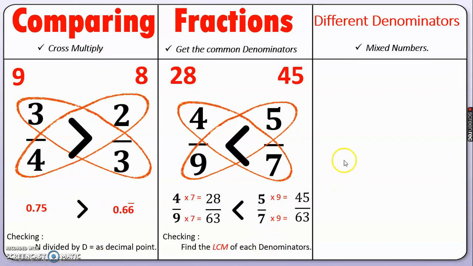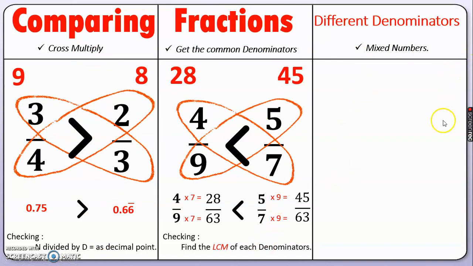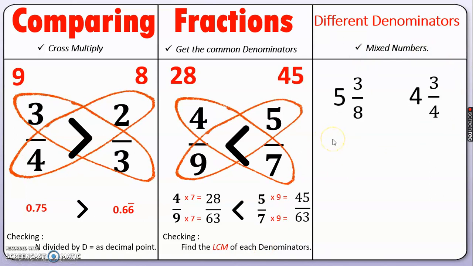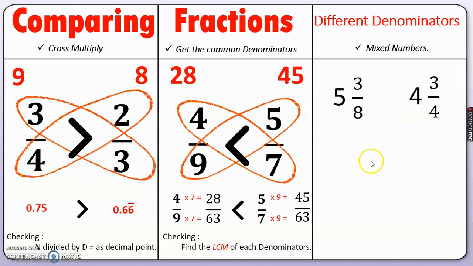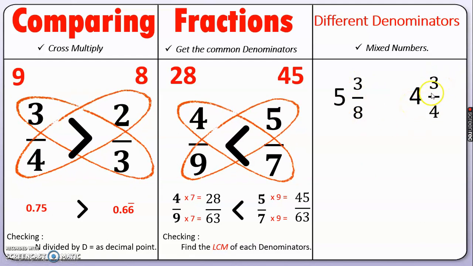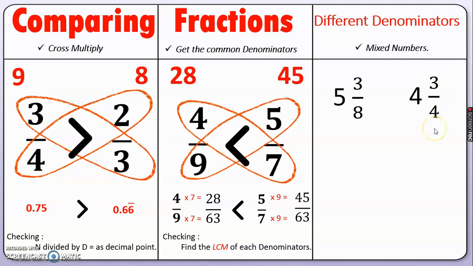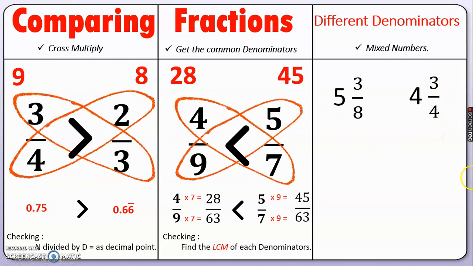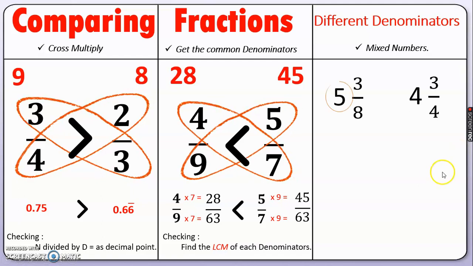Next, mixed numbers. For example, we have 5 as a whole number and 4 as a whole number. So 5 and 3 over 8, and 4 and 3 over 4. So we compare each of them. How?